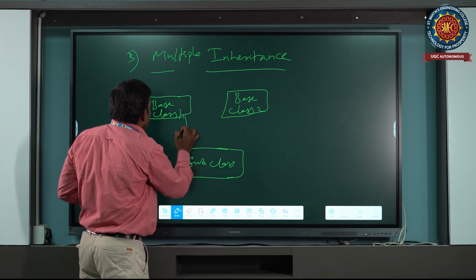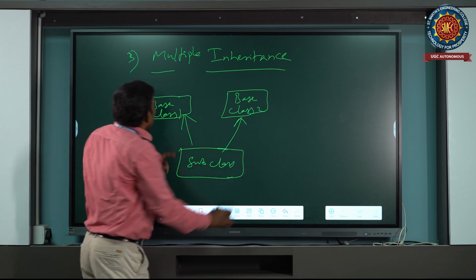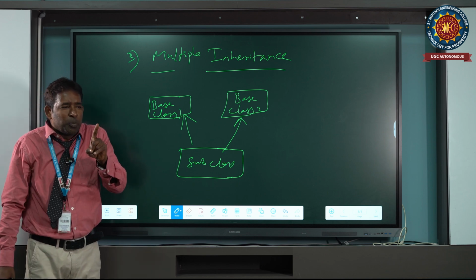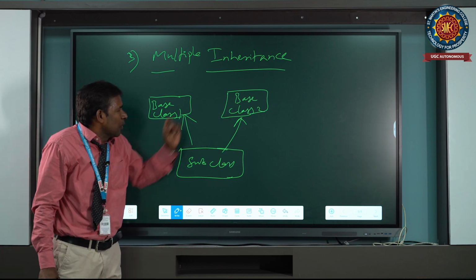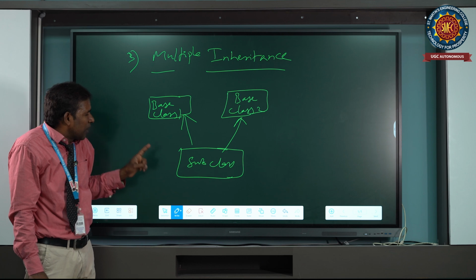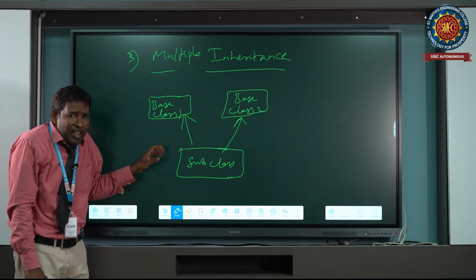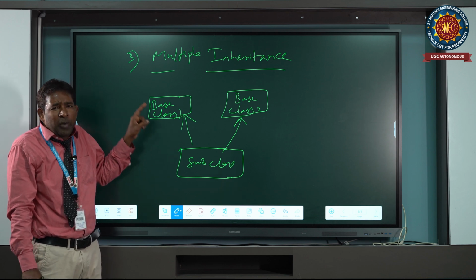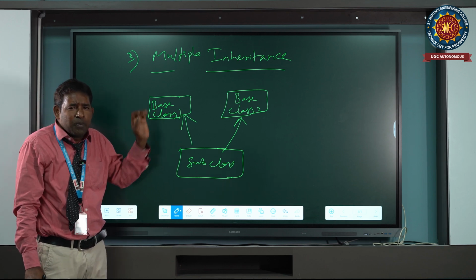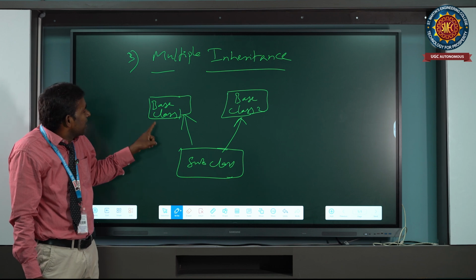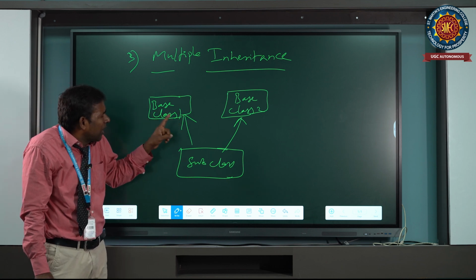We have base class 1 and base class 2, and I want to derive one subclass from both. By using classes, we cannot achieve multiple inheritance in Java, because it does not support multiple inheritance through classes.